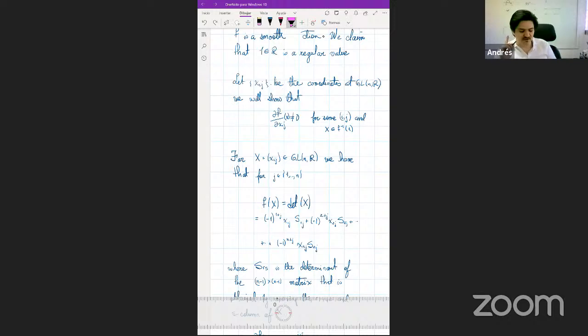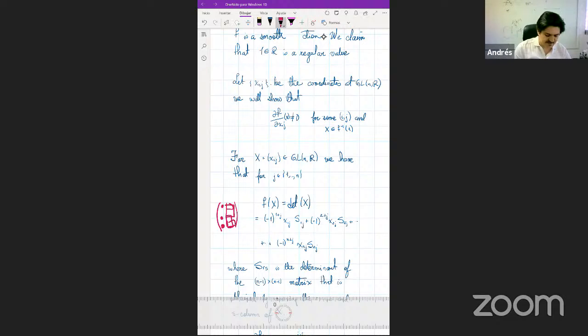And this one is useful because if you want to consider a special coordinate function, let's say x_1j, in the determinant it is only going to appear here. In no other place will you find the x_1j entry. Only there. Again, remember the rule. This times this, and then this, and so on.